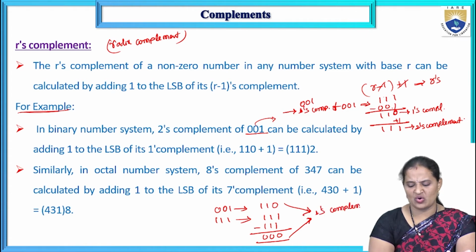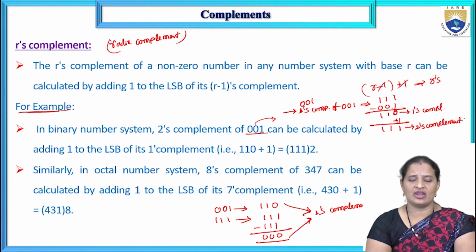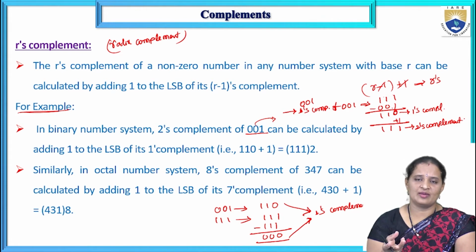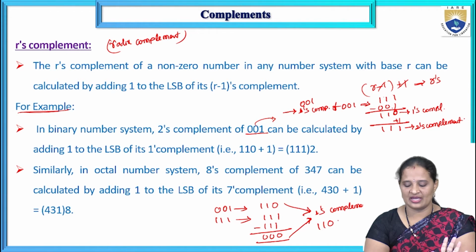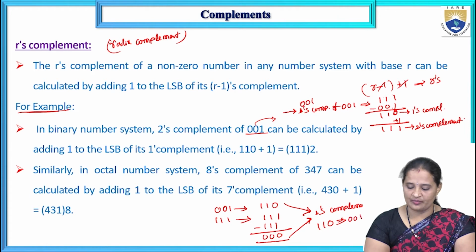That means if you observe these two, the 1's complement of a given binary number can be simply obtained without subtracting each digit from 1. By simply looking at the number itself, we can tell the 1's complement of a given binary number, simply by changing 1's to 0's and 0's to 1's. So for example, 1, 1, 0 is there. What is the 1's complement of this one? Simply change the 1's to 0's and 0's to 1's. So 0, 0, 1. This is the 1's complement of the given number.